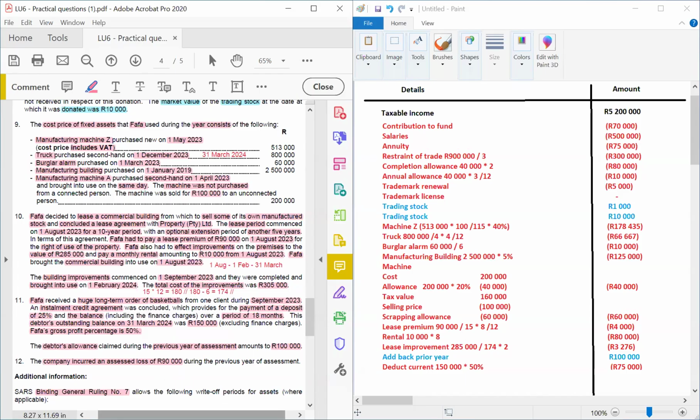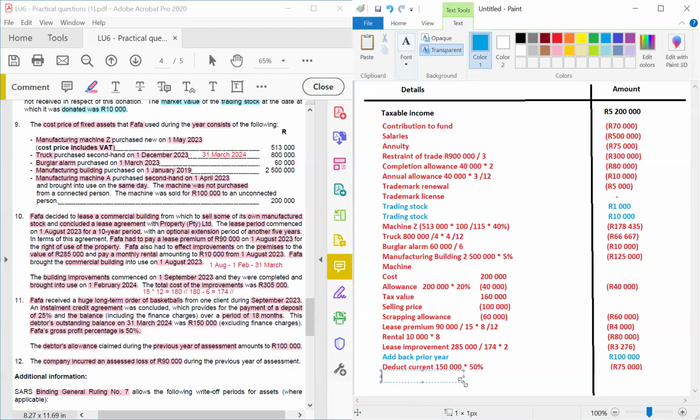So now I get to a taxable profit of 3 million, or taxable income, not taxable profit. Why am I saying profit? 3,628,622. That is my taxable income.